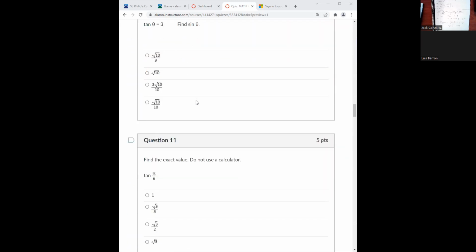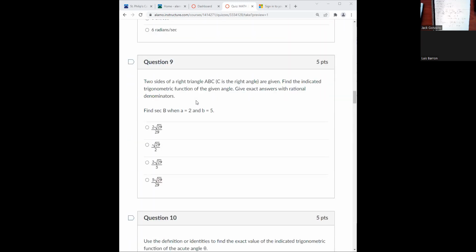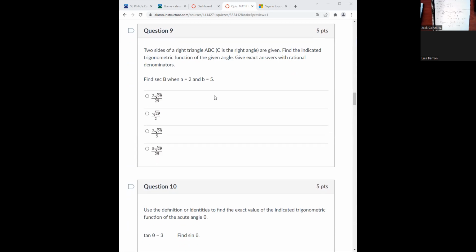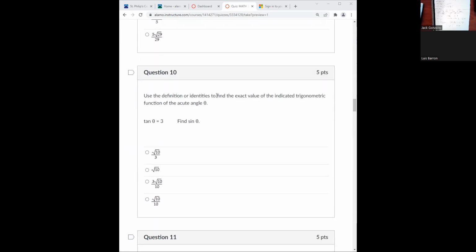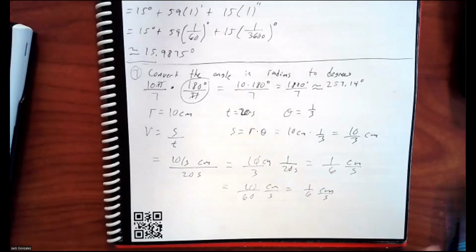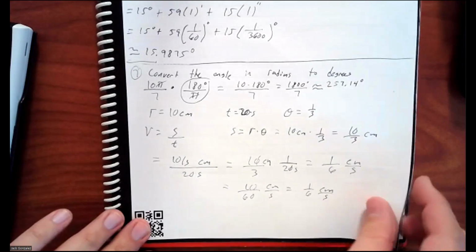We could do that one, and then we could skip 10, I suppose. Yeah, let's do 10. 10 looks harder. You guys cool on this page?